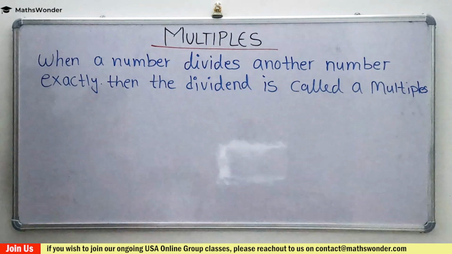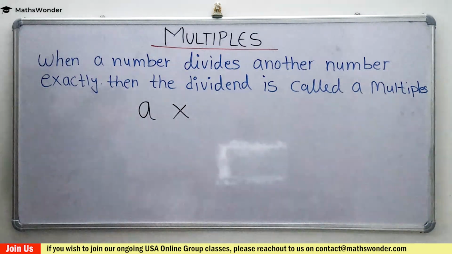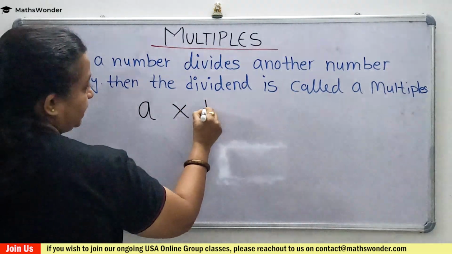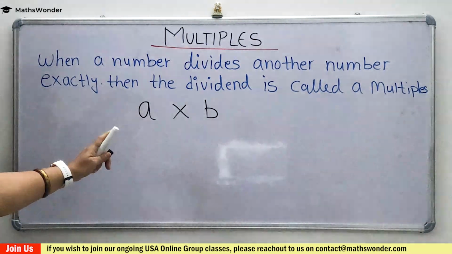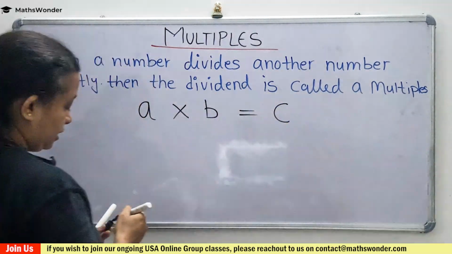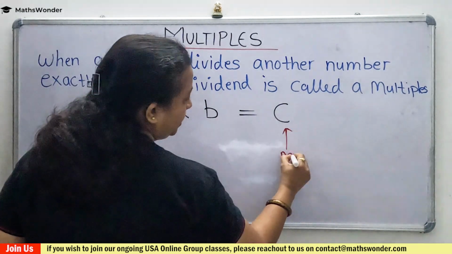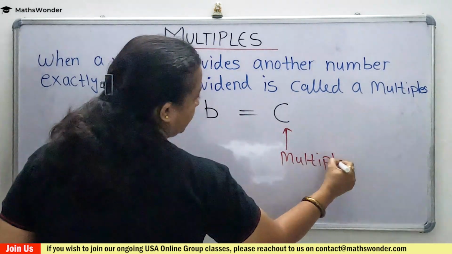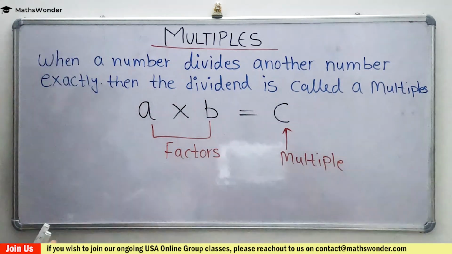For example, when a number A is multiplied by another number B, the product is the multiple of both the numbers A and B. Suppose this is C. So this C is a multiple, and these A and B are the factors. So factors and multiples are in the combined form.